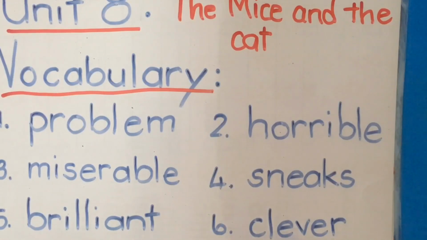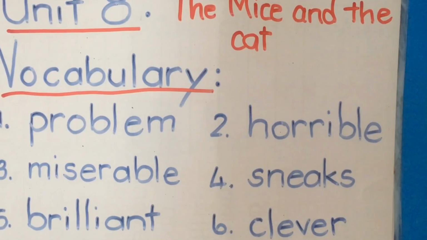And then the last word is clever. Clever is another word for smart, another word for doing something very well, being good at something, being good at math, English, Vietnamese, ICT. You are clever, you are good at something, right?